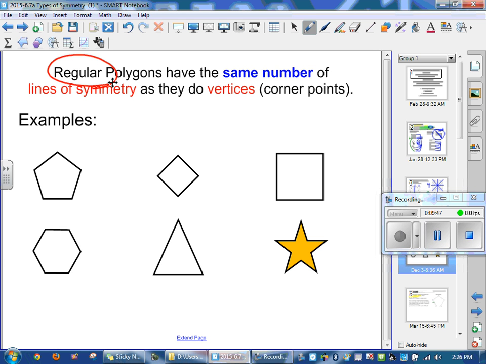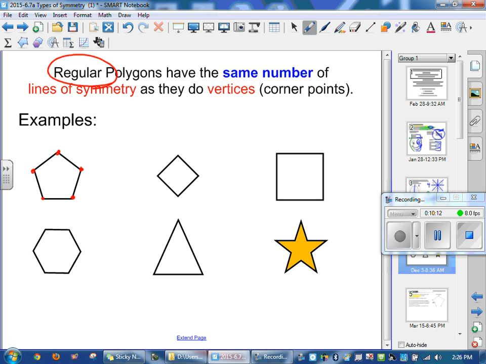Okay? Now, if it's a regular polygon, they've got the same number of reflection lines as it does corner points, called vertices. So if you count the vertices, I've got 1, 2, 3, 4, 5 on my pentagon. I have 5 vertices, which means I can cut that guy in half 5 times, 5 different ways.